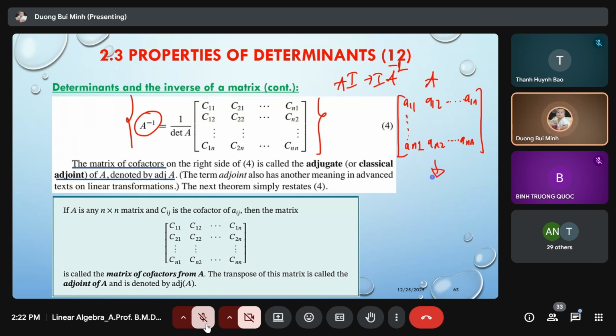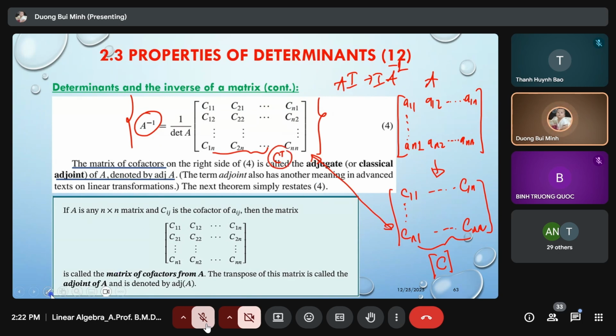Okay, so we can get cofactors, right? So A11 you get cofactor C11, ..., C1n, ..., Cn1, ..., Cnn. So when we compare this one and this one, here is the cofactors matrix, and this one is the transpose of the cofactor matrix, right?